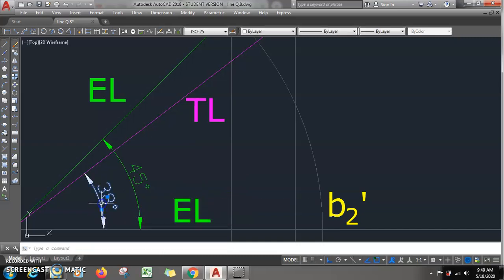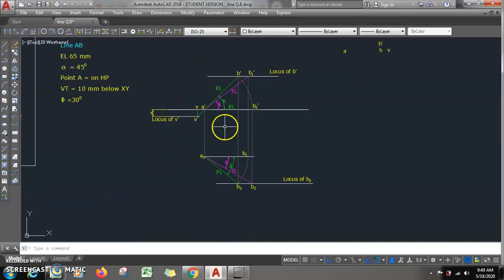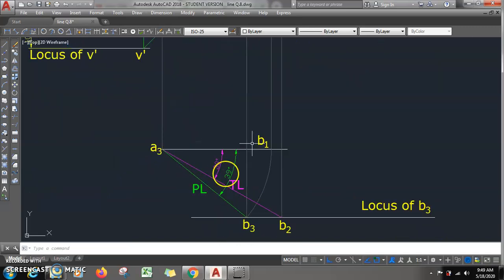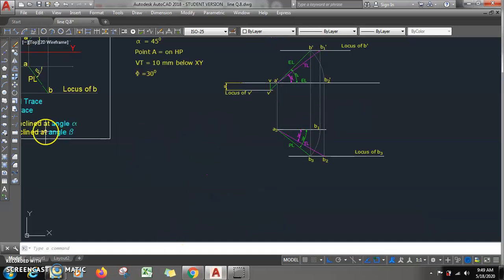Okay, so this is theta. You see. Okay, so this solution is found to be complete. Only one thing is remaining. This A3 is arbitrary. Okay, but we know one thing.